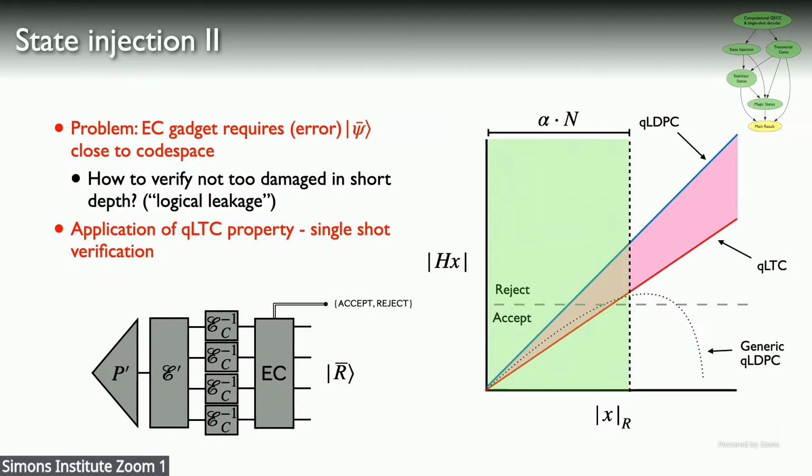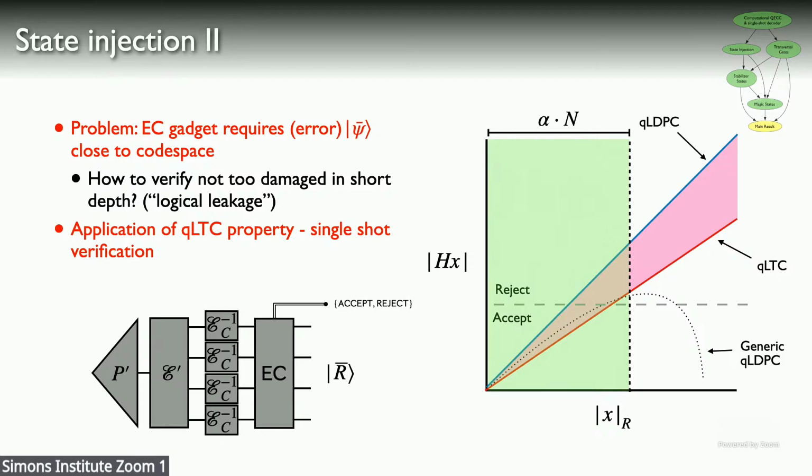But the point is that as long as the errors in this syndrome measurement circuit are not too large, any states that we end up accepting are going to be in the green region, and our error correction gadget is going to be able to maintain the state. We're not going to let any leaked states into the computation.